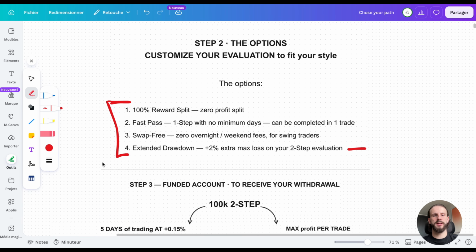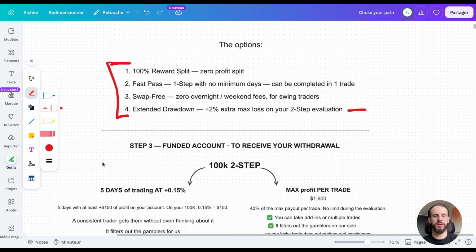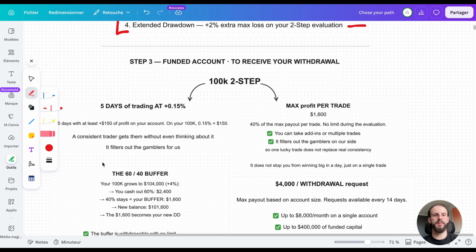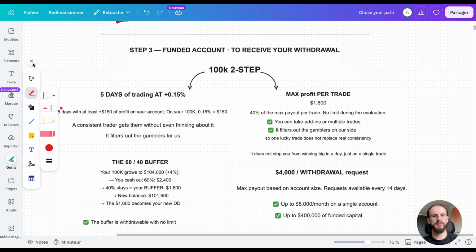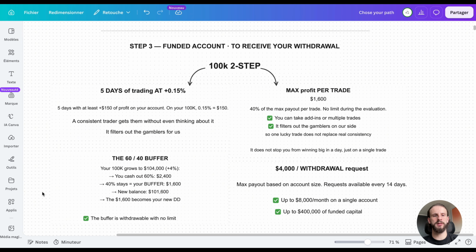All right, so now let's say you've passed the challenge, you're funded. Let us talk about the conditions you need to meet in order to get paid and how they actually work. I will use a 100K 2-step account as an example. First condition, you need 5 days of trading at plus 0.15%. What does that mean?